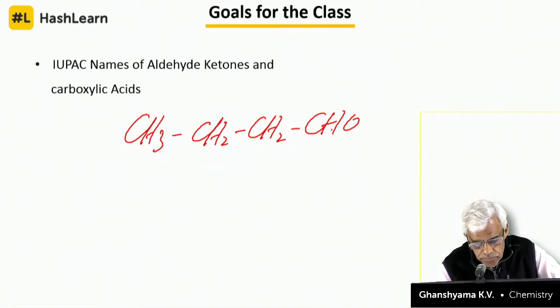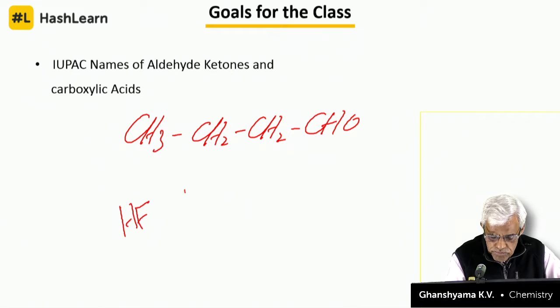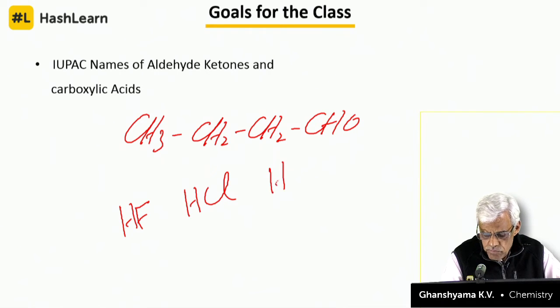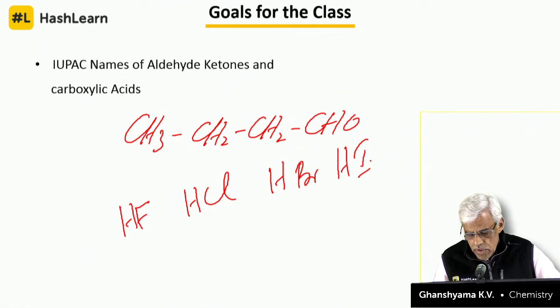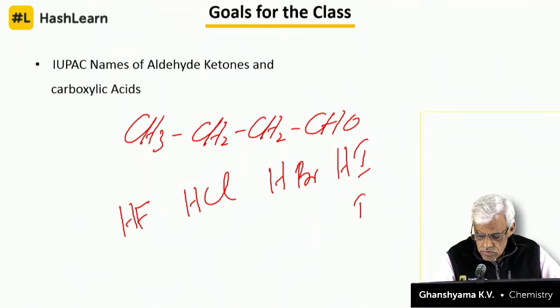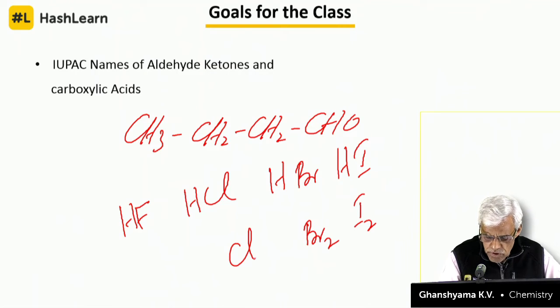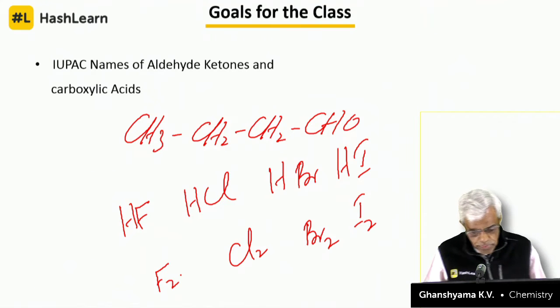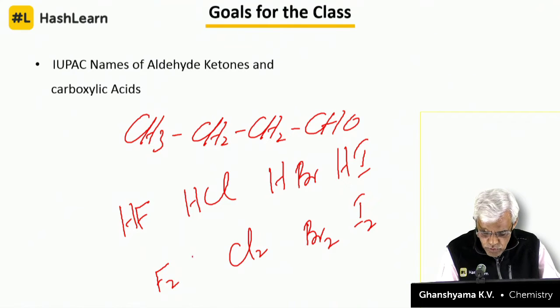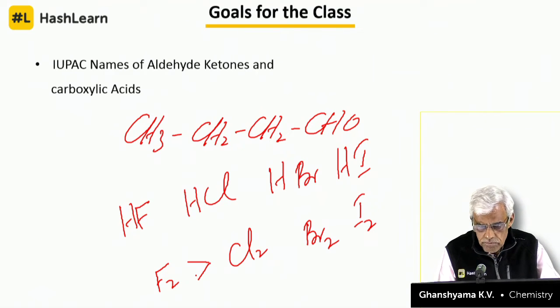See here, HF, HCl, HBr and HI. Iodine, bromine, chlorine, fluorine. The reactivity of fluorine is greater than chlorine, greater than bromine, greater than iodine.